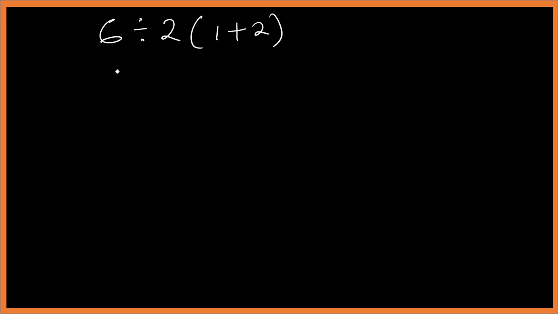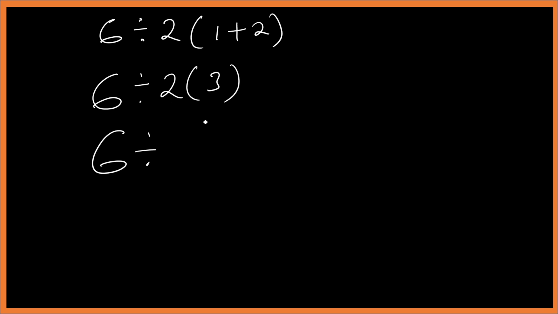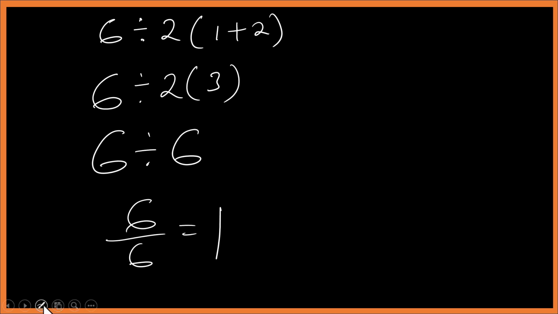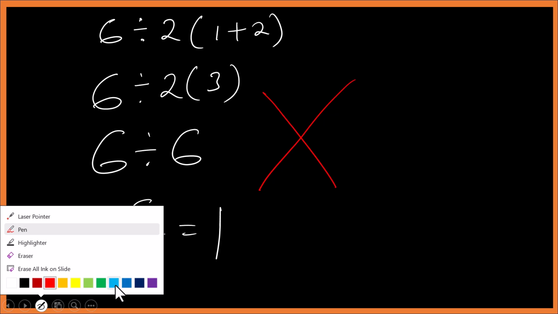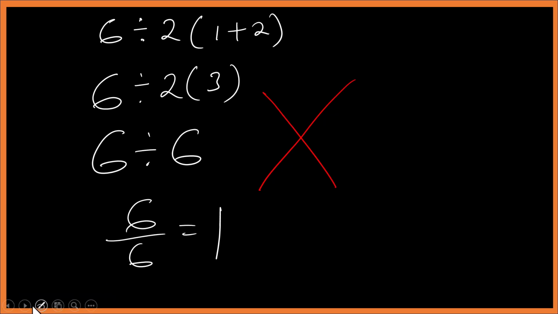So we have 6 divided by 2, so 1 plus 2 is 3, 6 divided by 2, 3, 6. So 6 divided by 6 is the same as 6 over 6, which is 1. So this one is wrong. Let's see how we can solve this question properly.